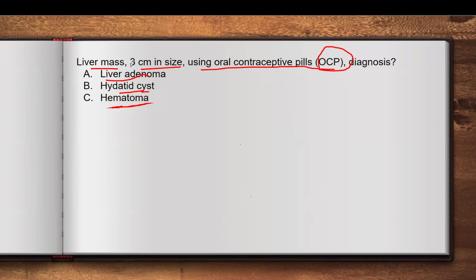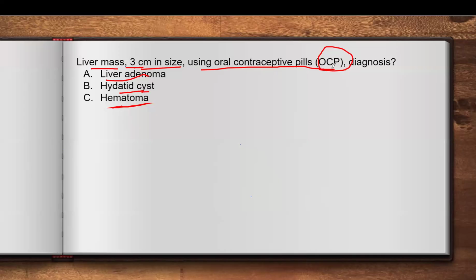All right, it is 3 centimeter in size. What is the treatment of this hepatic adenoma that is caused by the OCP? So they can also ask you the treatment as well, right? So first of all, the important thing would be to stop the OCP, right?